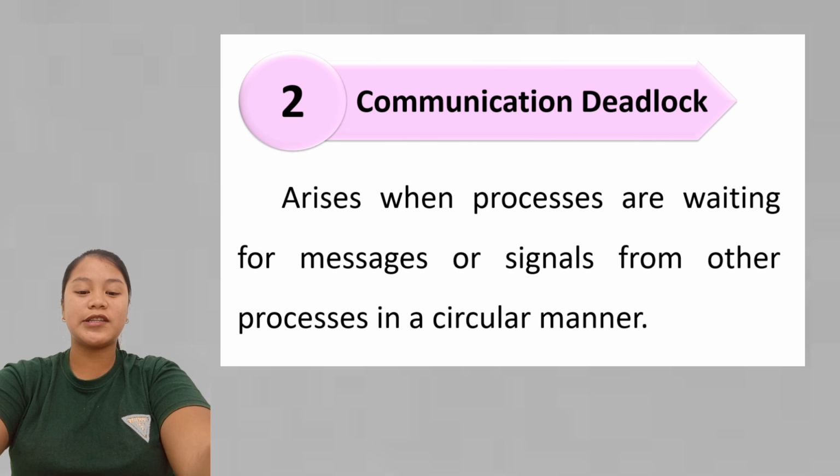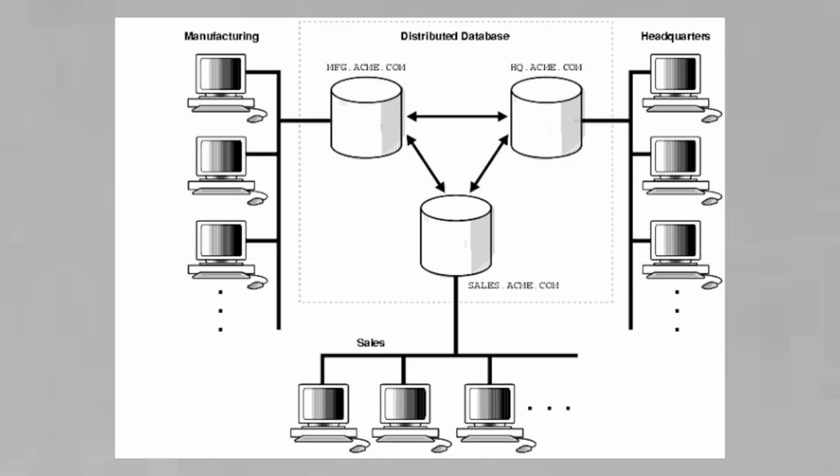Second is communication deadlock. It arises when the processes are waiting for messages or signals from other processes in a circular manner. For example, in a distributed database system, three servers are involved in a transaction. Server A sends a request to server B and waits for a response.